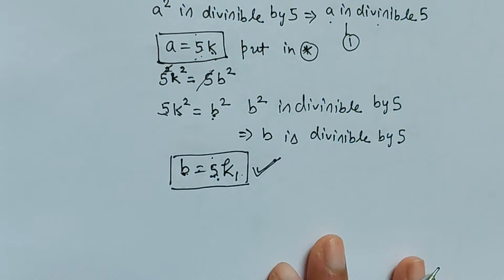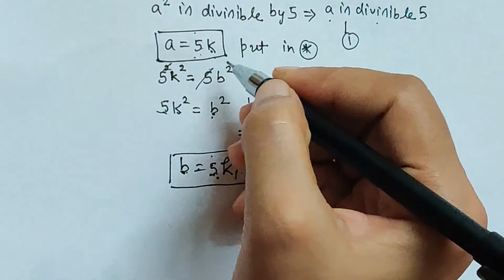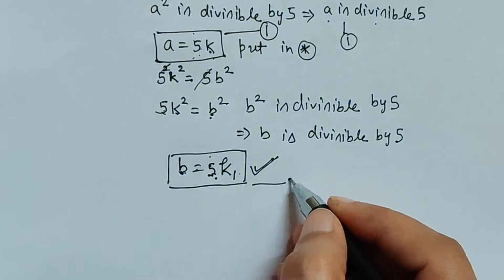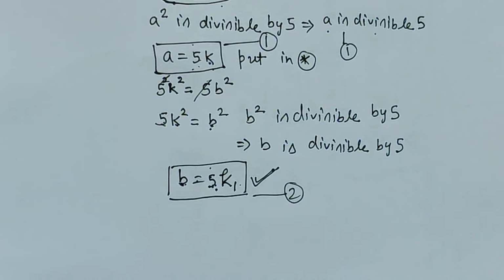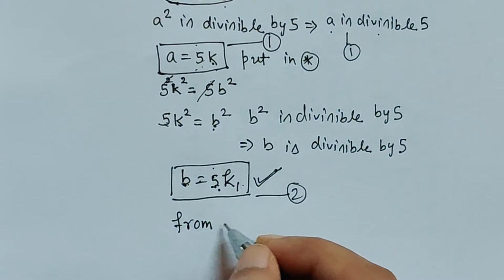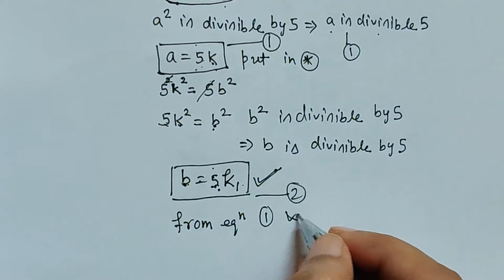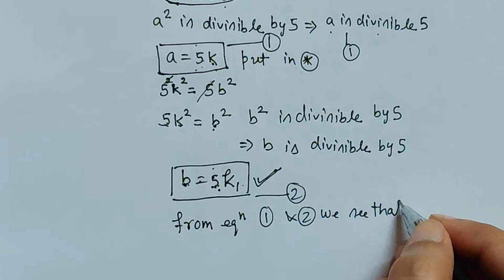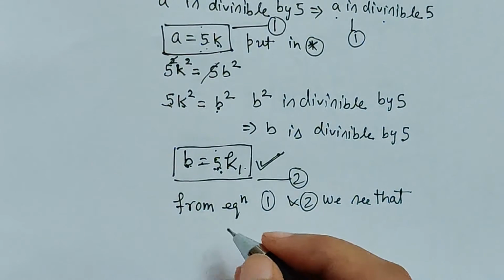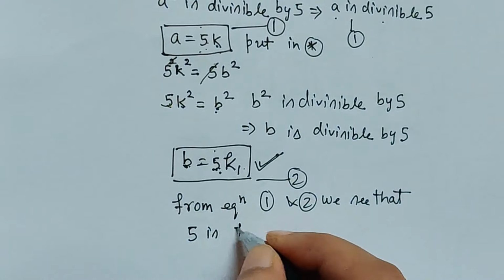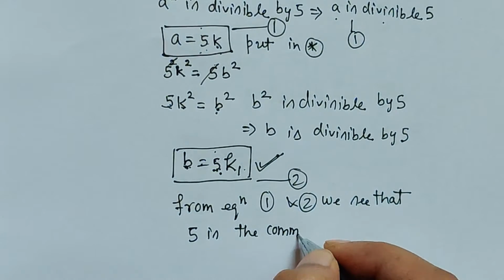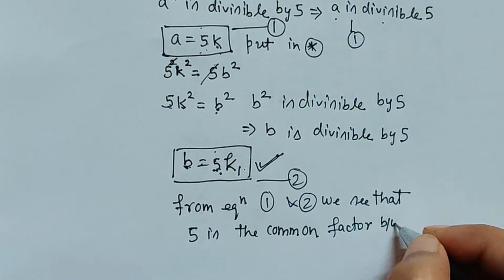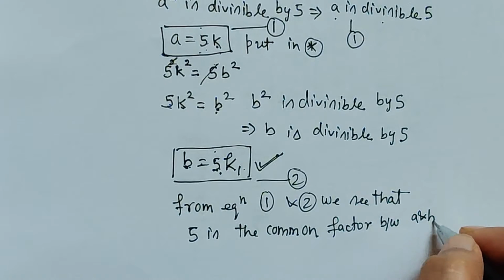Let us name this equation 1 and this equation 2. So from equation 1 and 2, we see that 5 is a common factor between a and b.